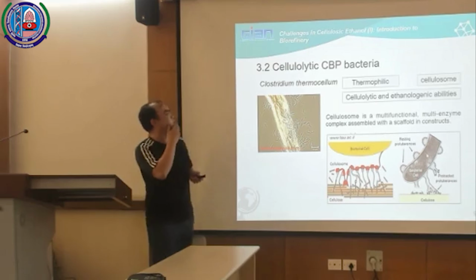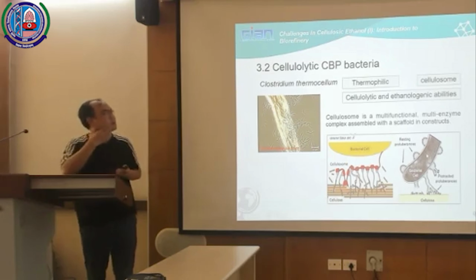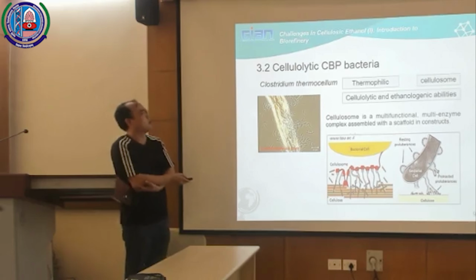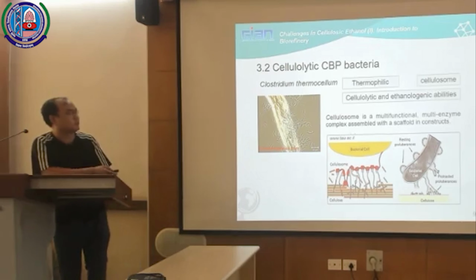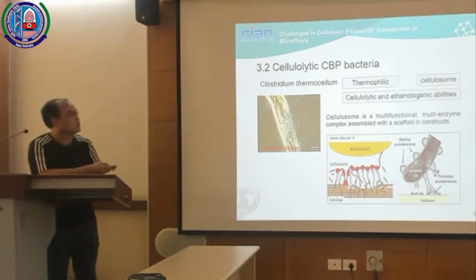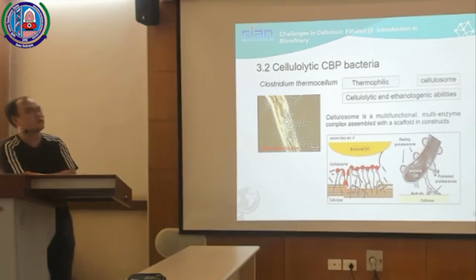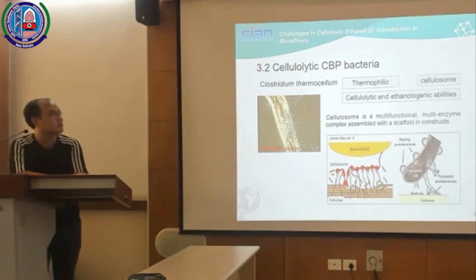Okay, next is a very famous strain, Clostridium cellulolyticum. This strain is a thermophilic bacteria. It produces cellulosome. Cellulosome is a cellular machine, a very small machine.